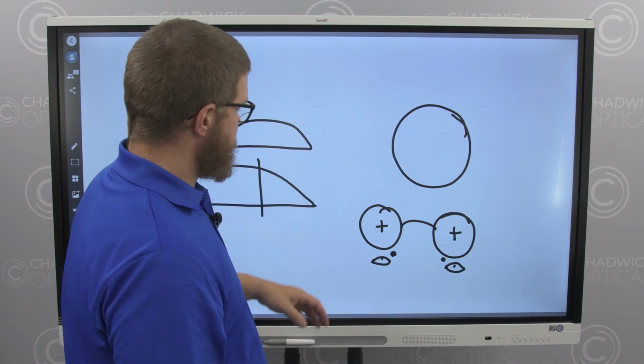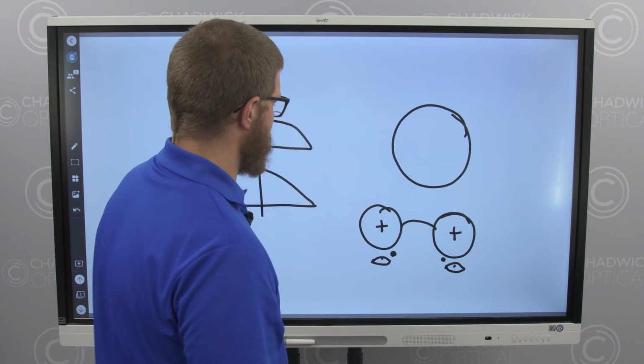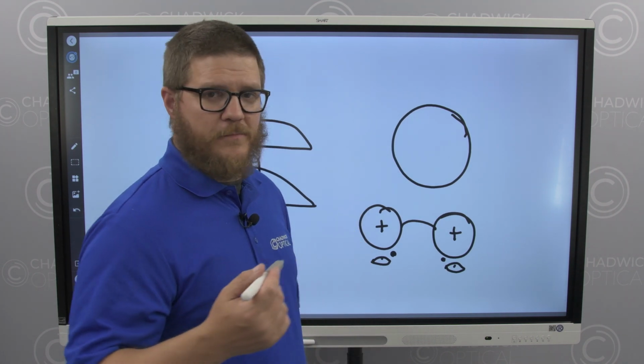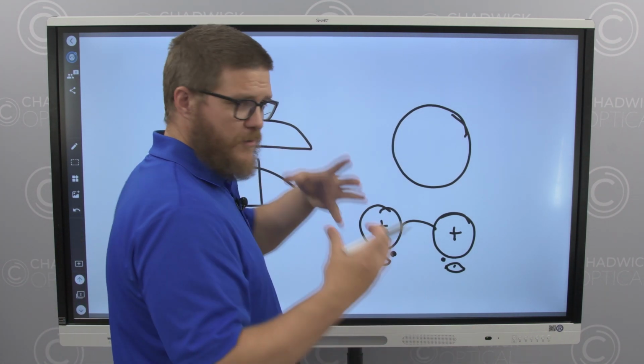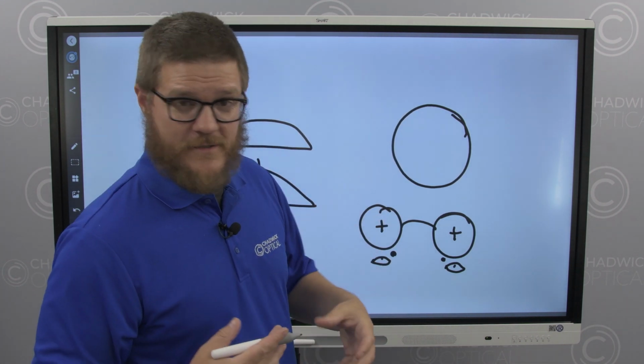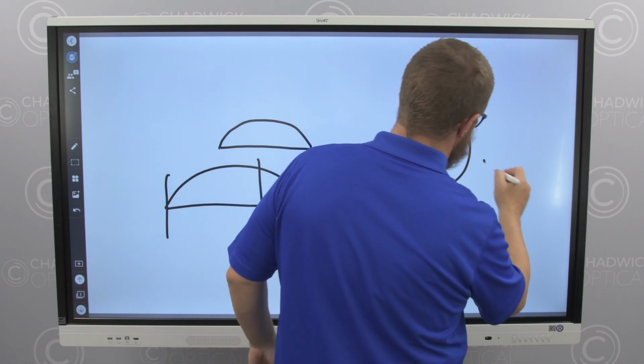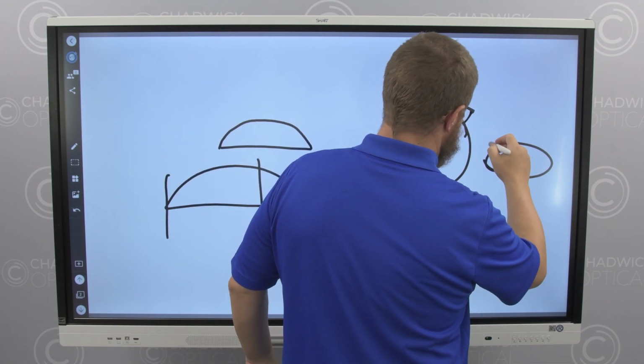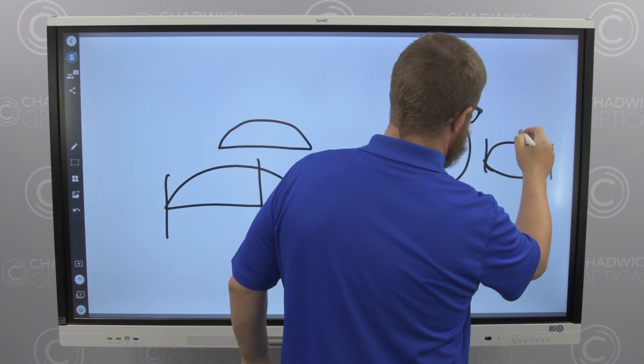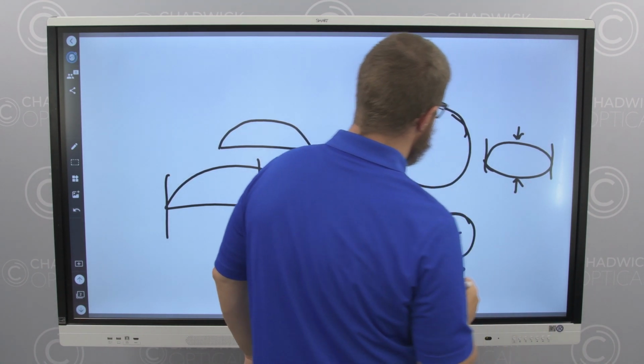The same thing applies to the circle shape: if you do any shape but circle, you're going to expose the thickness of the lens. If we were to do an oval, it would stay thin here and here, but it would be thick here and here.